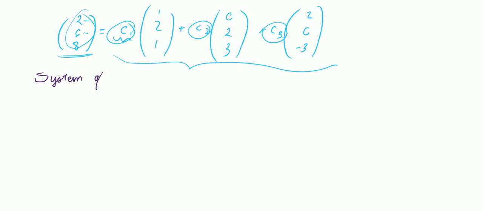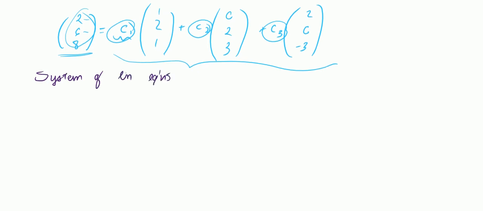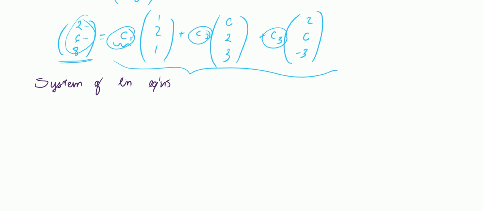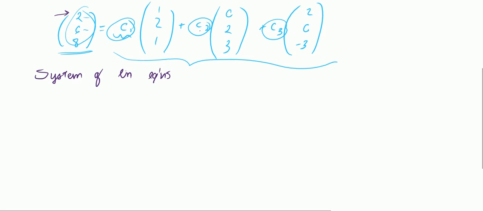I'll start with 2 is equal to c1 times 1 plus c2 times 0 plus c3 times 2. So 2 is equal to c1 plus 0 plus 2 c3.